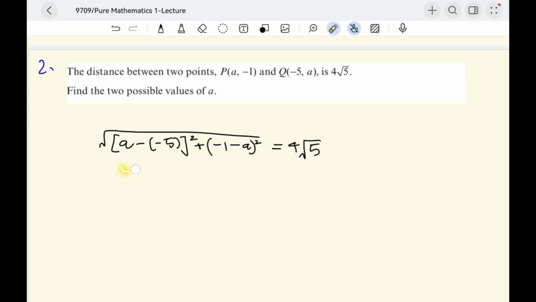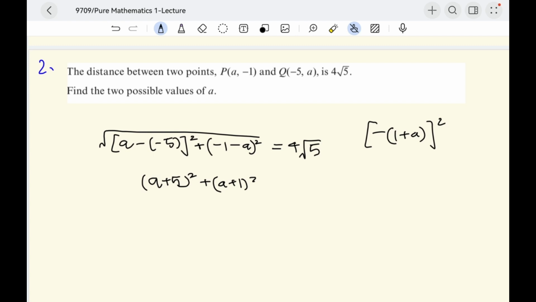Okay, so I need to simplify this first before I square both sides. So you have (a + 5) squared and (a + 1). Okay, so how to get a plus 1? As you can see inside the term, you can factorize it as 1 plus a, correct?